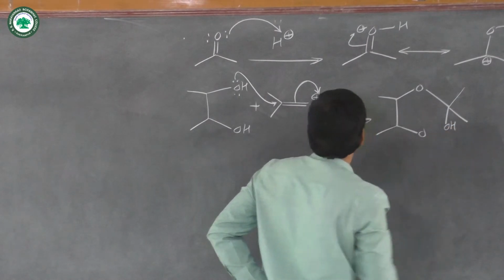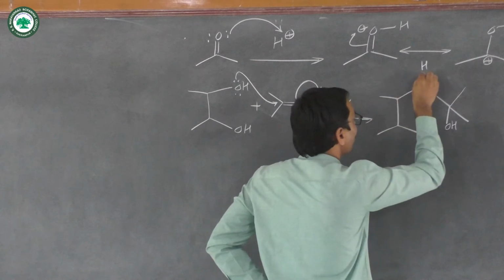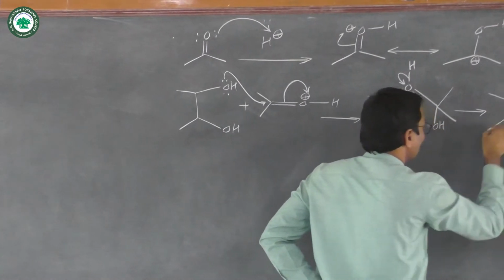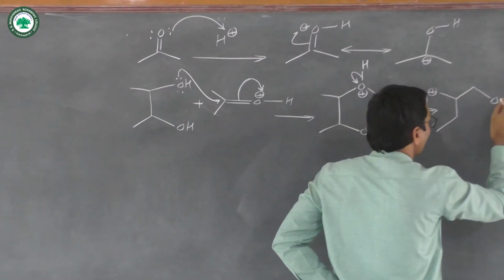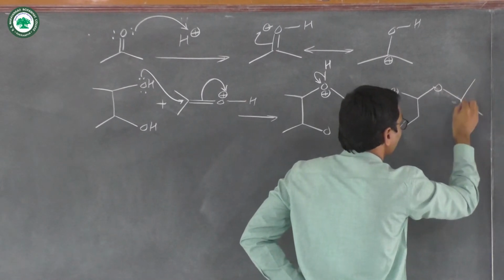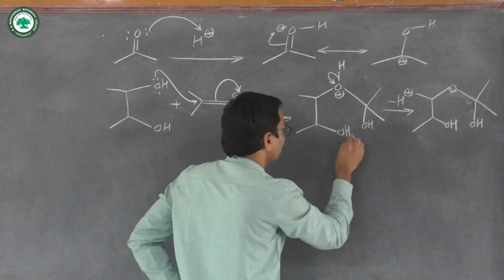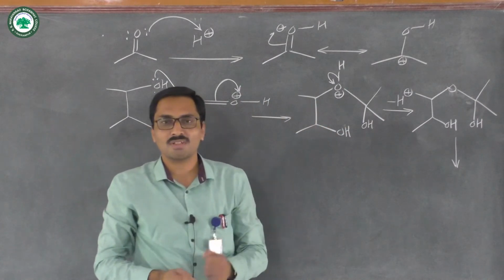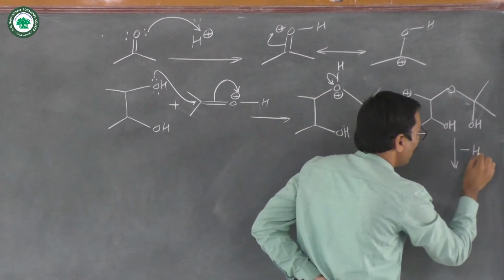There is formation of OH, H+. In the next step, that H+ undergoes elimination, minus H+. As we know, the hydroxyl group is a bad leaving group, therefore it is converted into a good leaving group, that is OH2, by using H+.